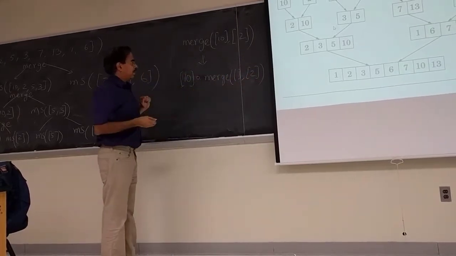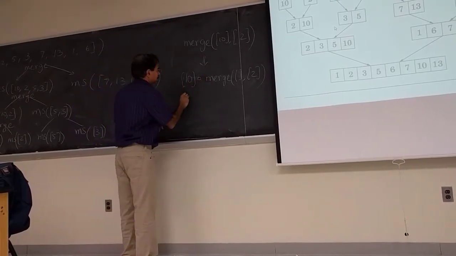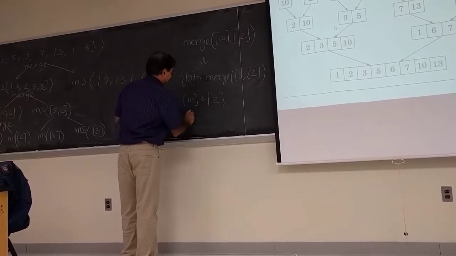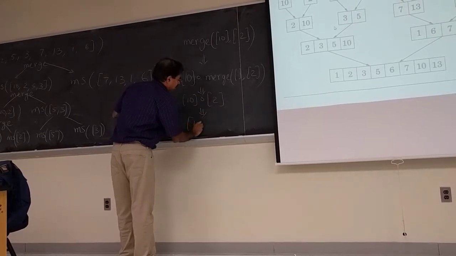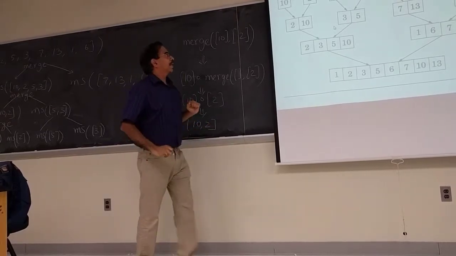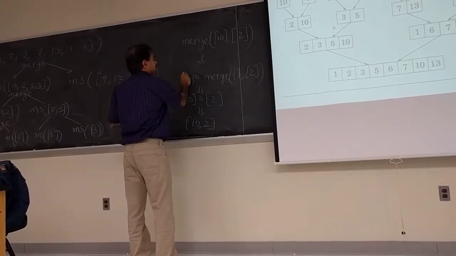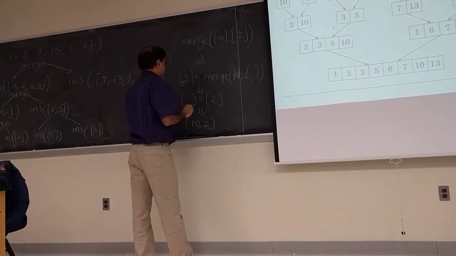And whenever we merge the empty list with anything else, it's going to return the list itself. So we get 2, comma 10. Okay, 2.